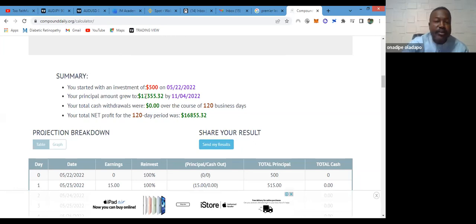That's 5 figures. So it can get to 5 figures. This will now be 17,355. So that's what can happen. So 3 figures can become 5 figures in 6 months if you follow these rules and guidelines.